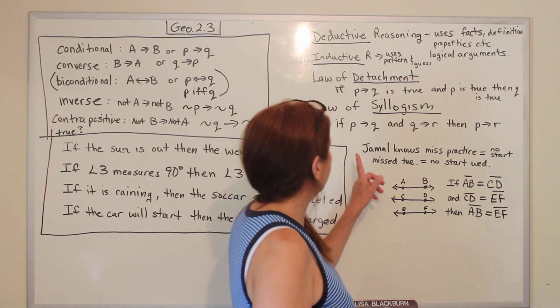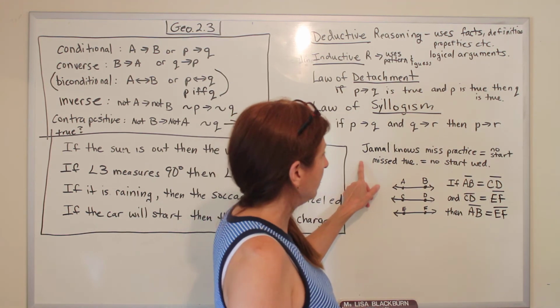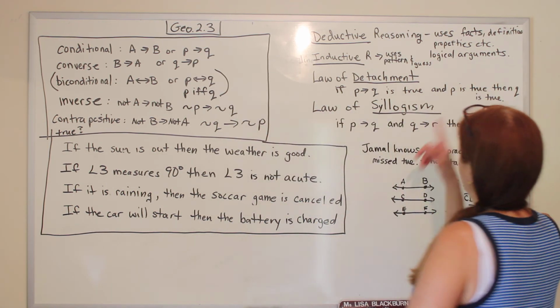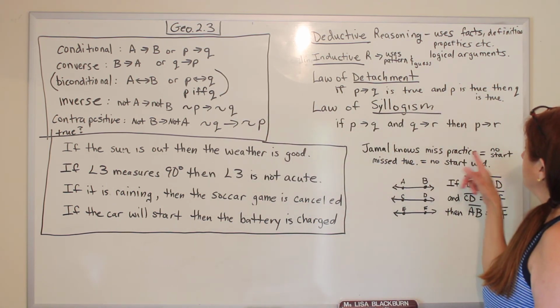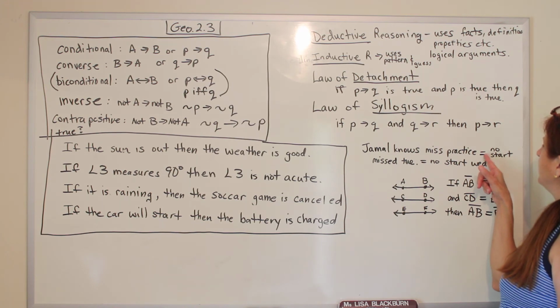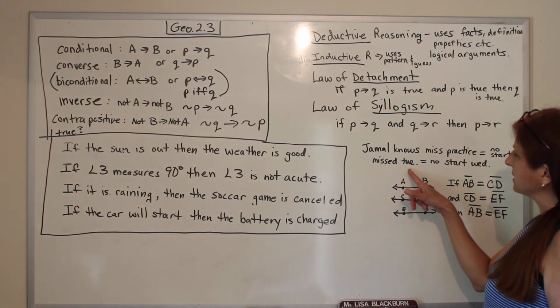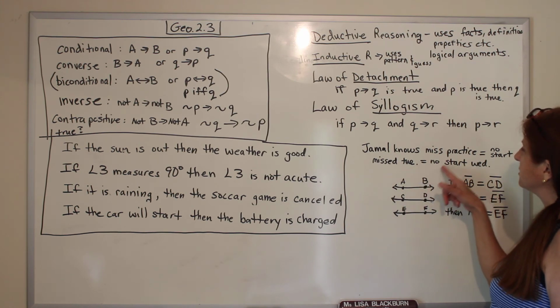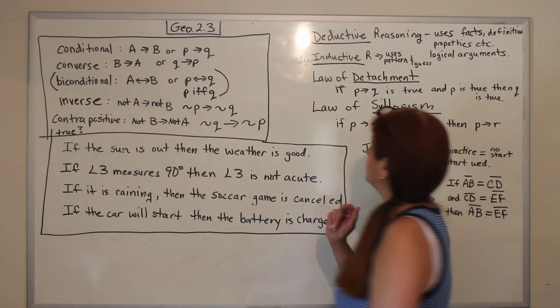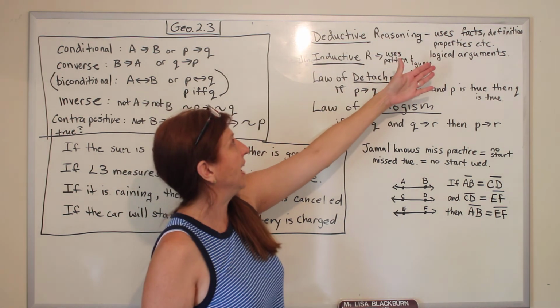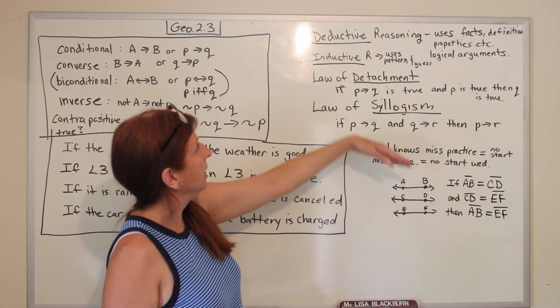All right. Now here is some use of the law of detachment. Jamil knows if he misses practice, then he doesn't get to start the next game. He missed practice on Tuesday, so he knows he won't get to start the game on Wednesday. That's an example of deductive reasoning. He used facts to come up with that idea.